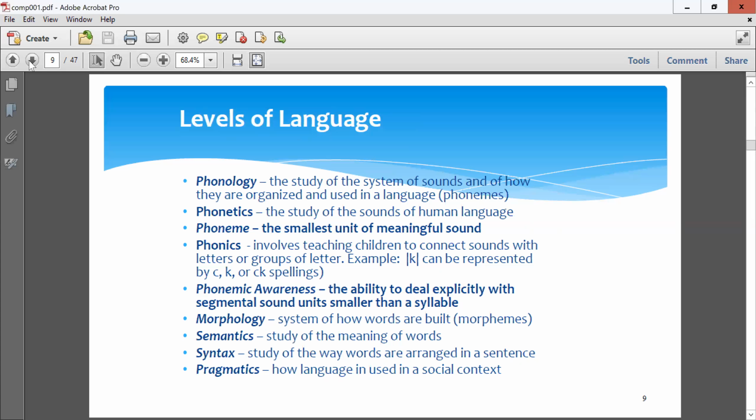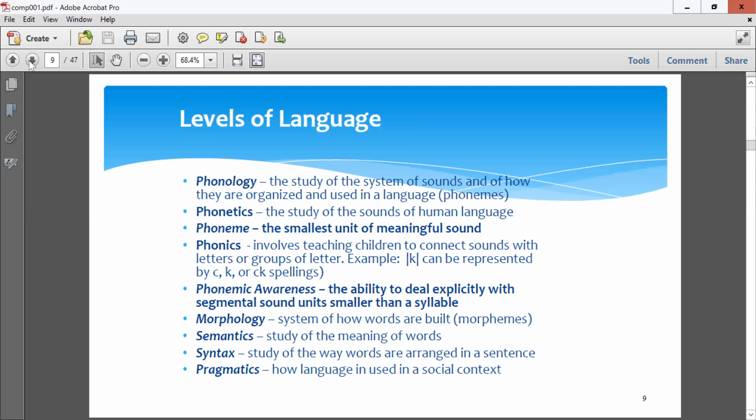There's phonemic awareness, and that means the ability to deal explicitly with segmental sound units, smaller than a syllable. So when you sound out a word and the letter B is there and you say "b," that's phonemic awareness, okay? And so we teach that early on. Morphology is a system of how we build words using morphemes, okay?